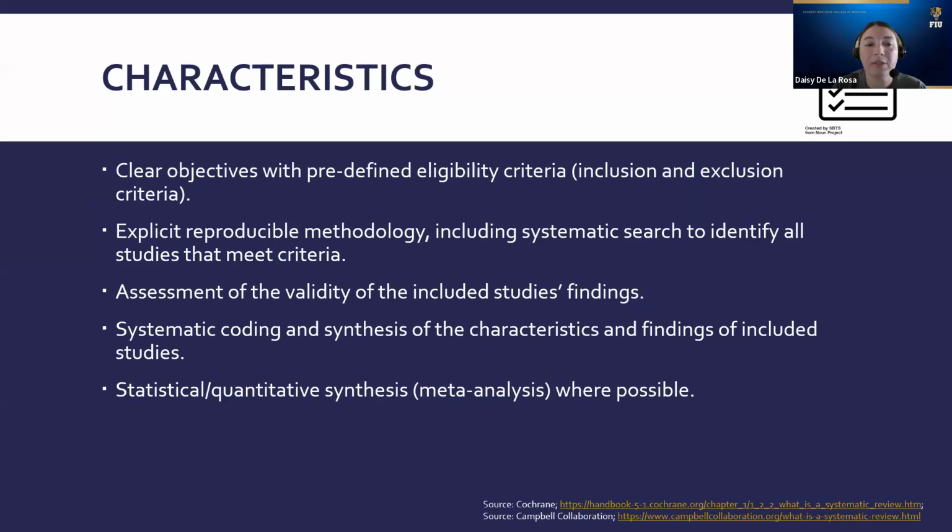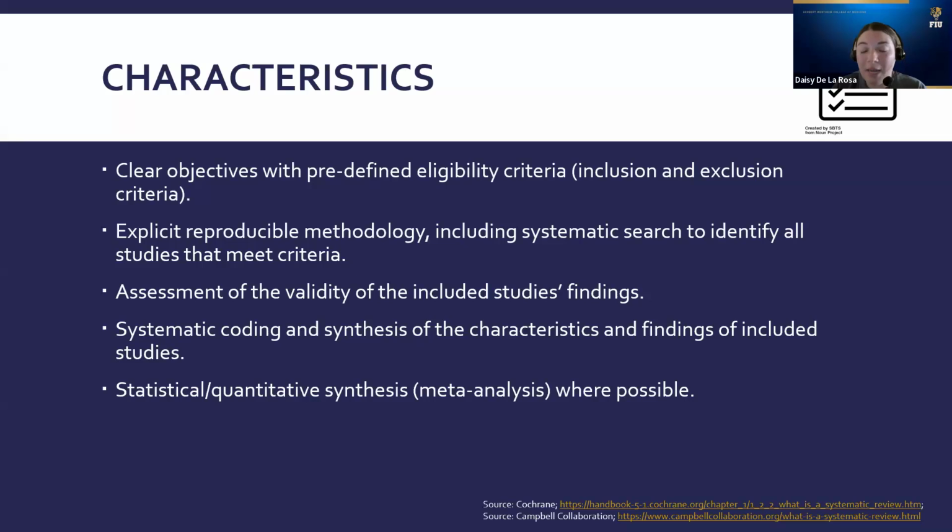So, typical characteristics of systematic reviews: there are clear objectives with predefined eligibility criteria. That includes inclusion and exclusion criteria. Basically, how do you decide what to include in the review? That has to be decided before you even start. You have to have explicit, reproducible methodology, including a systematic search to identify all the studies that meet that predefined criteria.